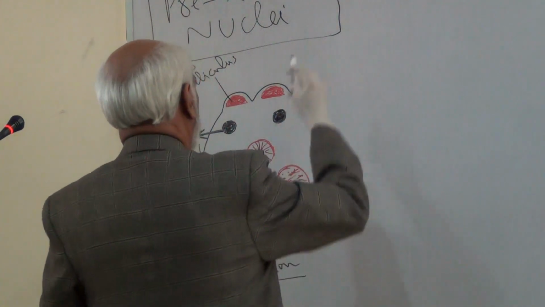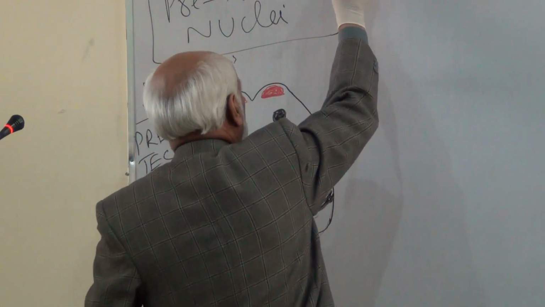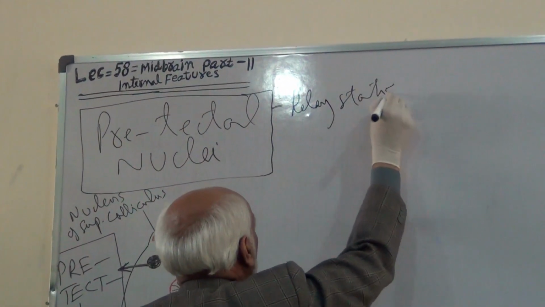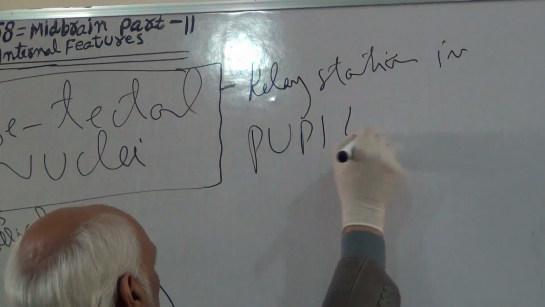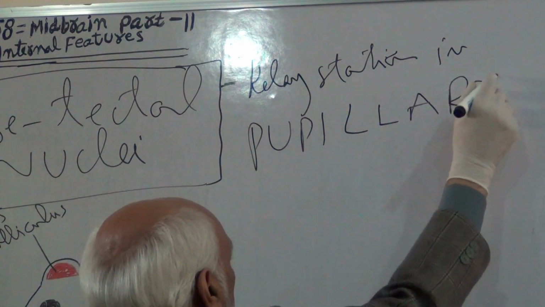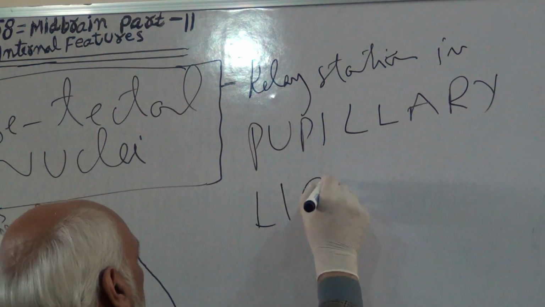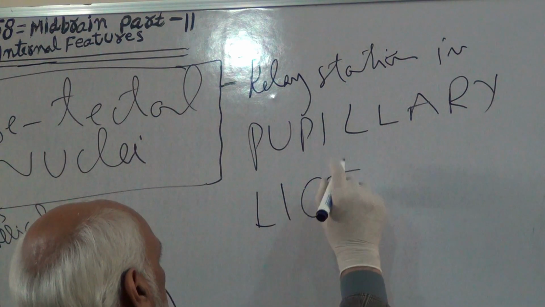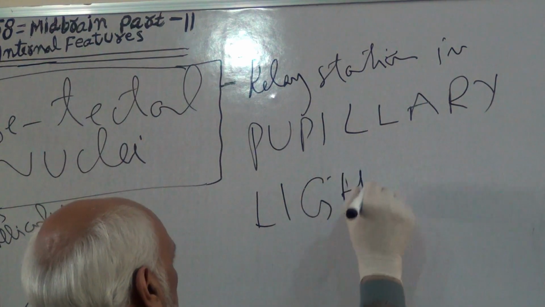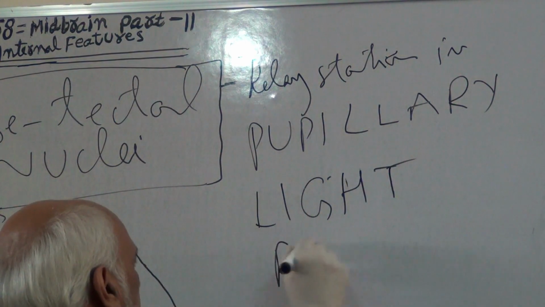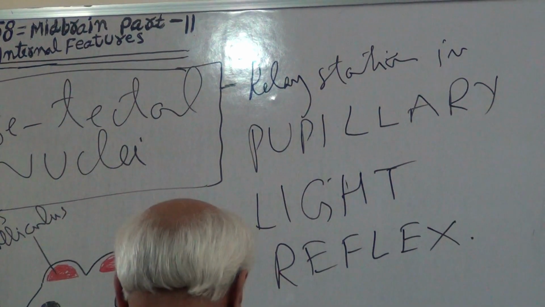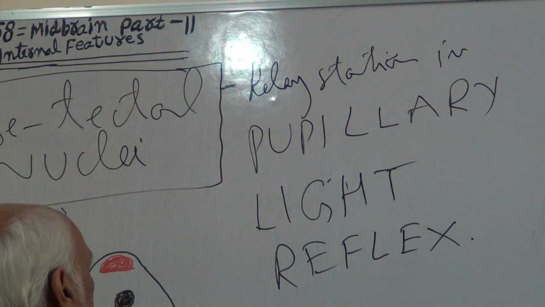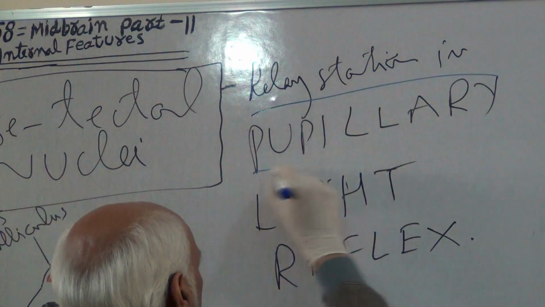These pretectal nuclei are a relay station in the pupillary light reflex.